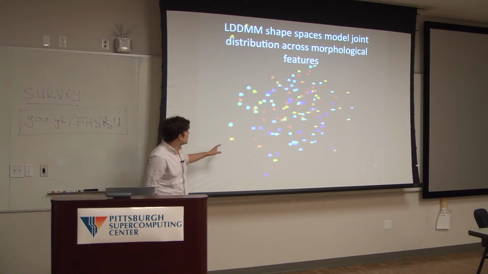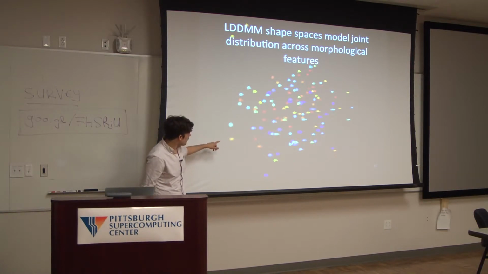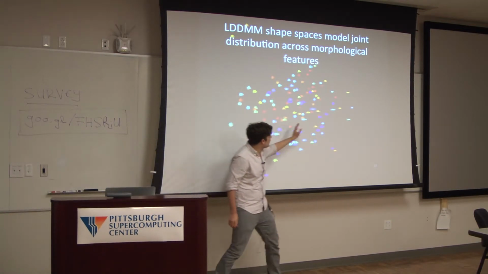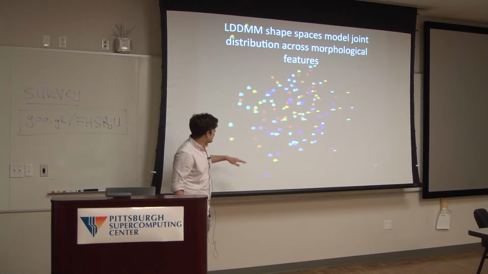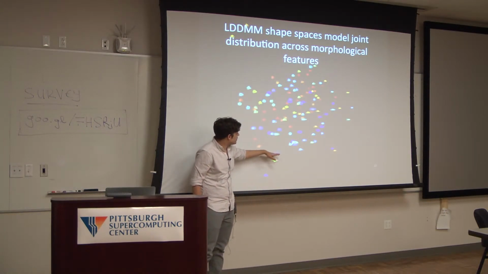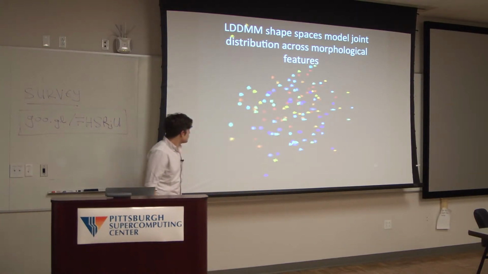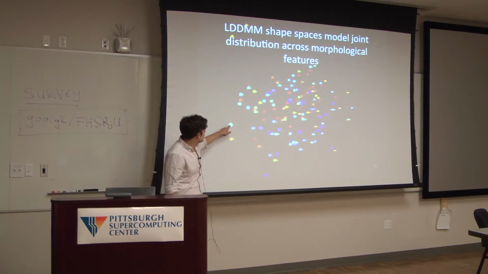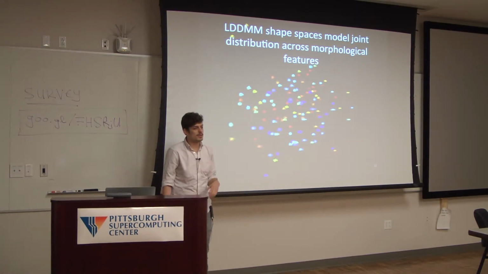So in this particular example, we see cells on this side that are perhaps rounder. And as you move over here, they get smaller. And down here, maybe the cells are more square, and up here, they're more triangular. And you can see that the nucleus varies in a smooth manner across this shape space as well, along with the cell shape.